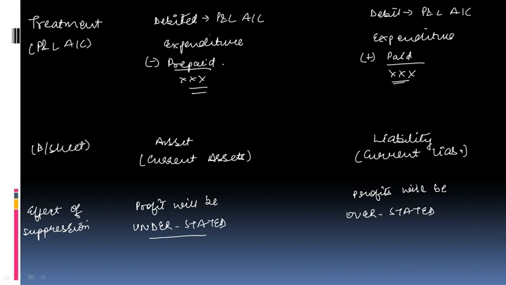The prepaid part will not be deducted, so the expenditure will be more, and more expenses means less profit. And if you forgot to add it, your profit will be understated. Got it? Should I go ahead now?